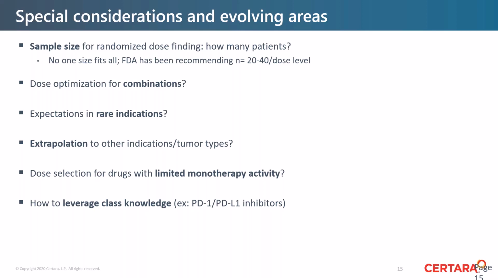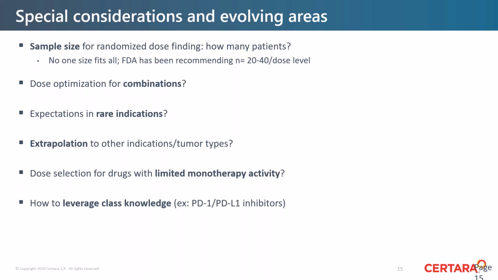Is the target expression similar? How is the PK? And what about the safety? Is there any overlapping toxicity with one of the combination drugs, which may be different from another indication? All of this will help you to figure out if the dose that was optimized for your initial indication is applicable to another indication.